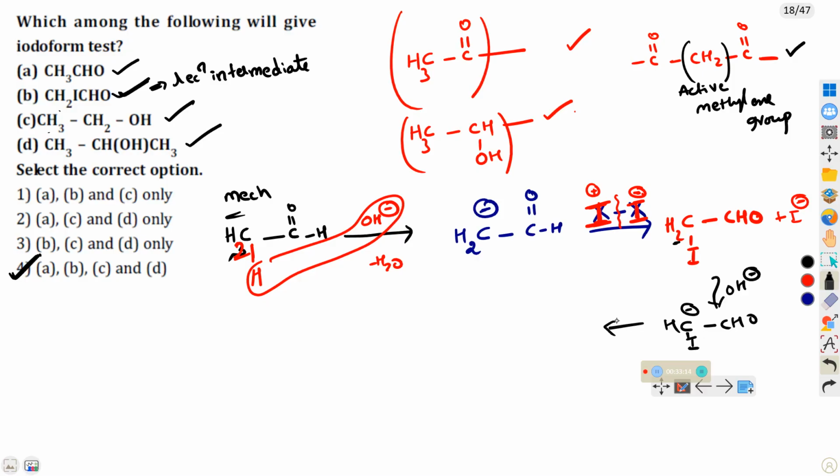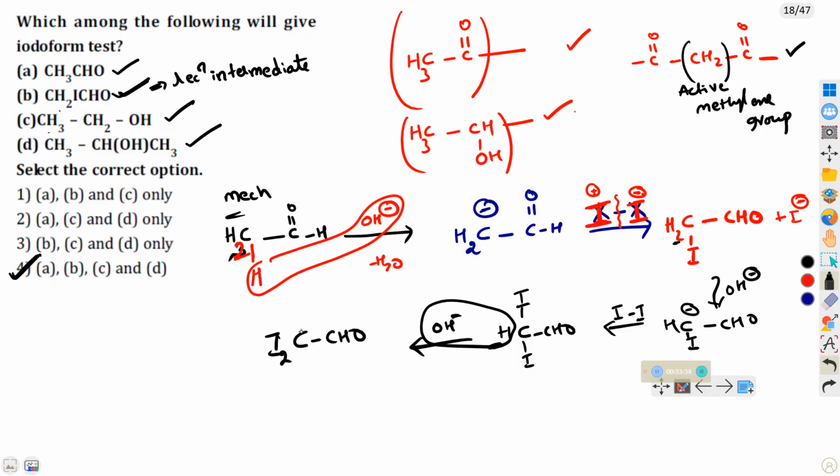which further reacts with the halogen. Then it gives CHI2CHO, which further reacts with OH minus at the acidic hydrogen. Then it gives CI2 minus CHO. This carbon gets a negative charge. Finally, it reacts with another mole of I2.